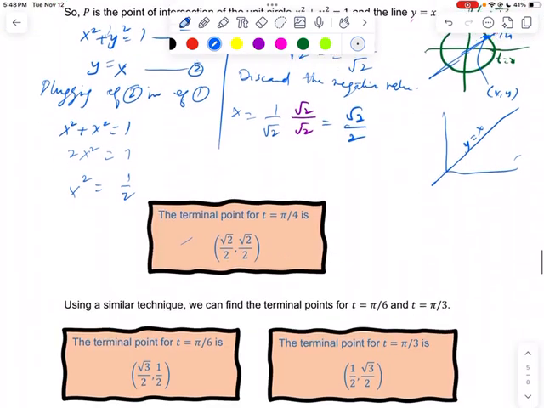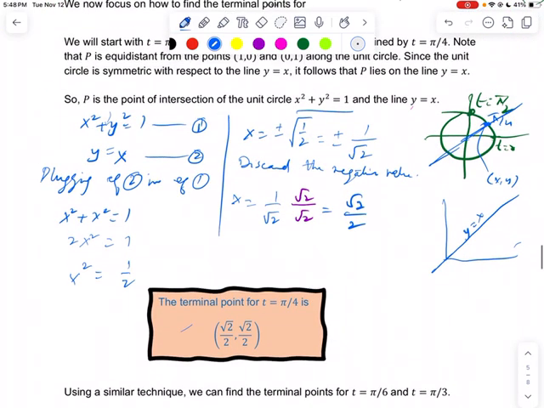Now from equation 2, y is equal to x, so y is equal to the square root of 2 over 2. Therefore the terminal point for t is equal to pi over 4 is (square root of 2 over 2, square root of 2 over 2). So this is how you can figure out the terminal point for pi over 4.